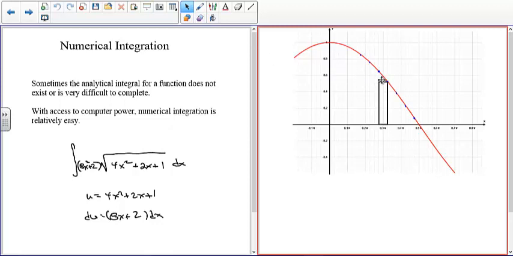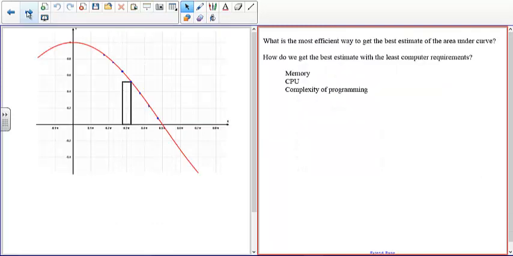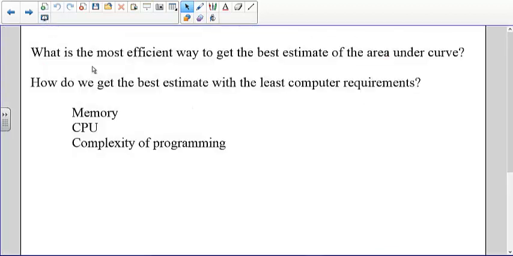But it's not very good because you have this error right there, and even if you make a lot of rectangles, you're still going to have some error. But you could get a pretty good solution if, instead of 10 rectangles, you set it up in a computer program so it had 100,000 rectangles. So usually what you're trying to do is find the most computer efficient way of coming up with an approximation.